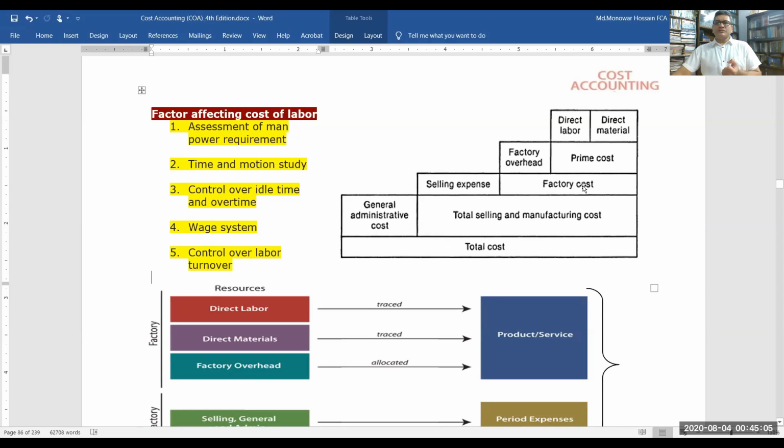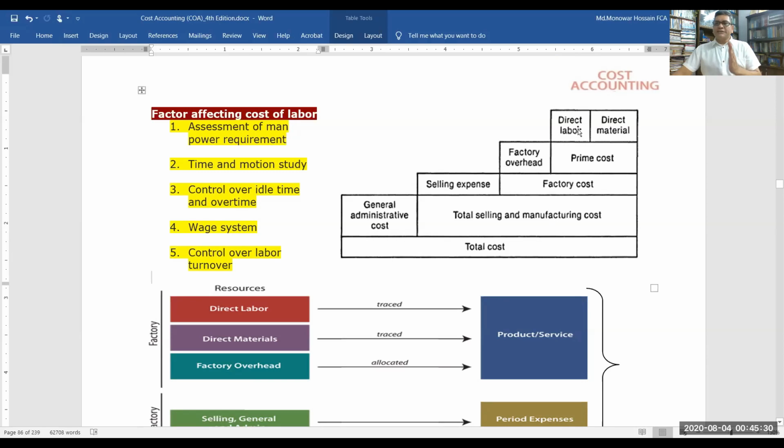If we add the selling expenses to the factory cost, then we get the total selling and manufacturing cost. And if we add general administrative cost, then we get the total cost. So direct labor cost is one of the components of total cost.